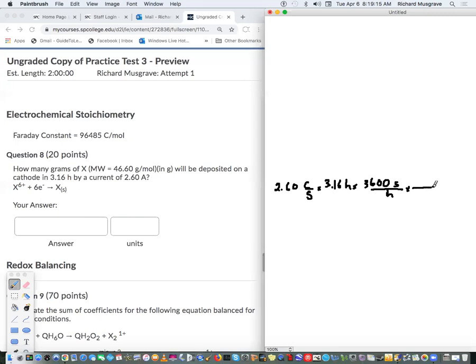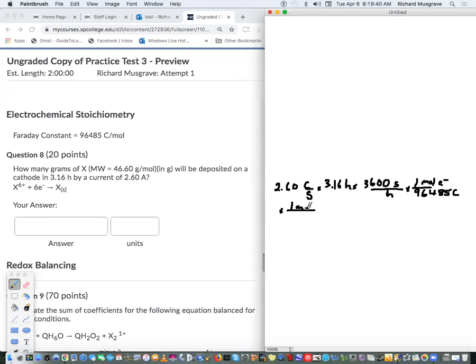Then you use the relationship with the moles of electrons. So it's 1 mole of electrons, and that's going to be 96485 coulombs. And then there's a relationship between moles of electrons and X solid.